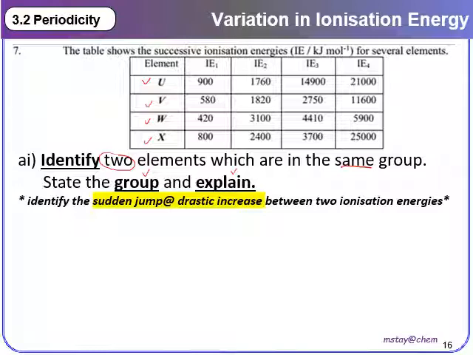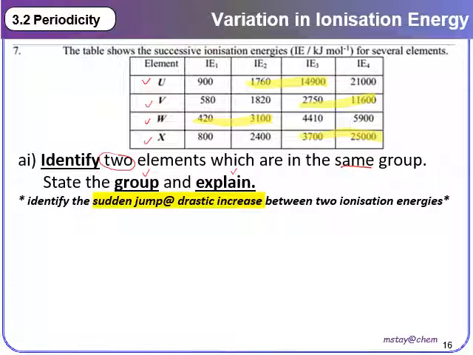The sudden increase happened between IE2 and IE3 for element U, while for element V it is between IE3 and IE4, W is between IE1 and IE2, and the last one, element X, the sudden increase is between IE3 and IE4.